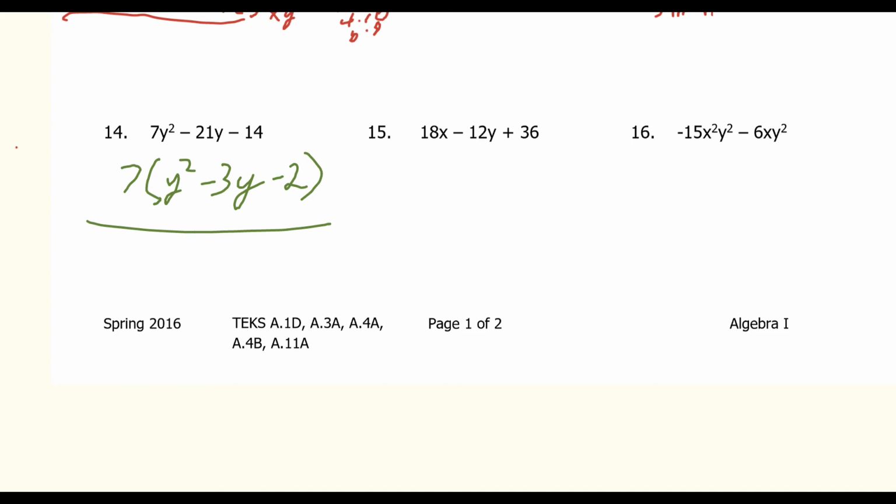So we got 18, 12, and 36. 6 goes into all three of those evenly. So we got 6. Alright, no variables in common, so we can just leave that alone. So 6 goes into 18 3 times, so 3x. 6 goes into 12 2 times, so 2y. 6 goes into 36 6 times. And there we have it.